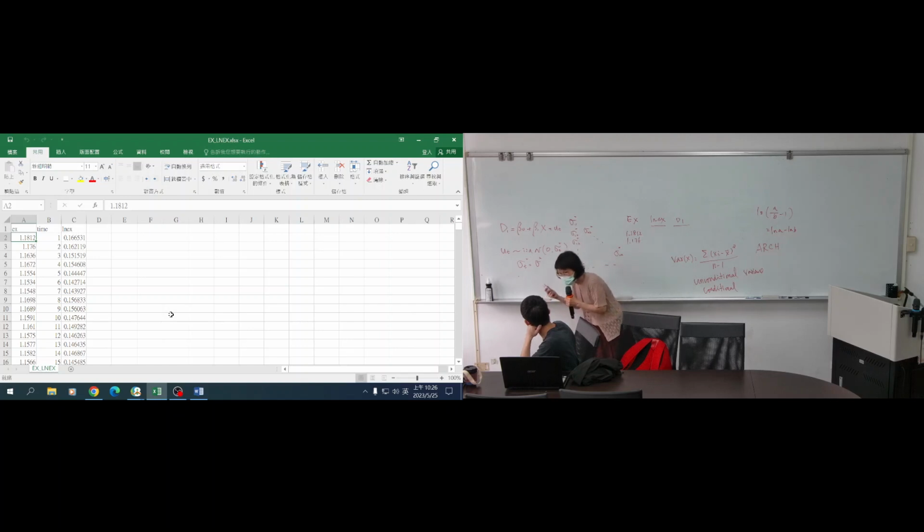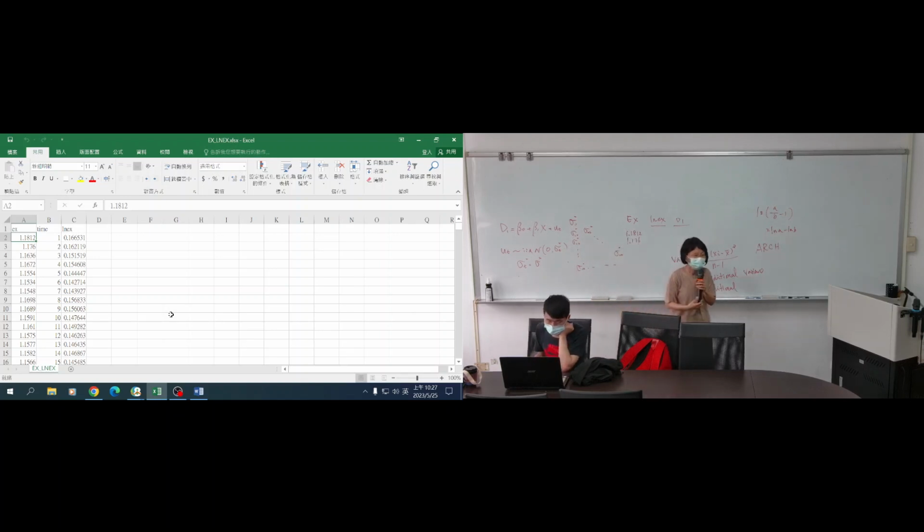So in the other case, when we talk about financial assets return, usually it doesn't behave like the usual IID white noise. Do you understand what I'm trying to say?